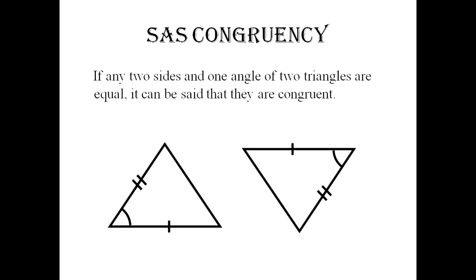Now moving to SAS congruency. In the case of SAS congruency, as we have already learned, SAS means two sides have to be equal and one angle has to be equal.